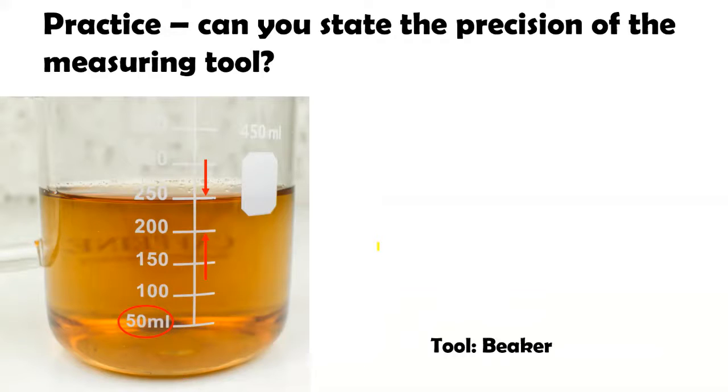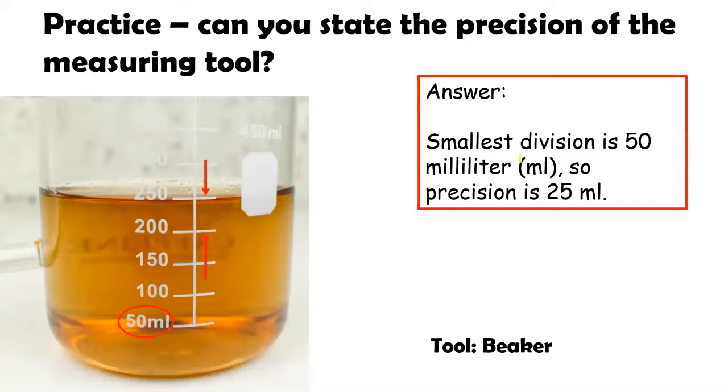We would go from 200 to 250, so that means the smallest division is 50 milliliters. So the precision that we could measure to using this common beaker is 25 milliliters. Much less than what we can do with a graduated cylinder. So if you want to measure volume to a high degree of precision, we would use a graduated cylinder.